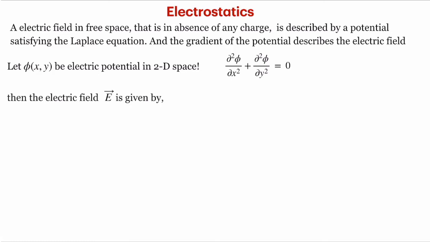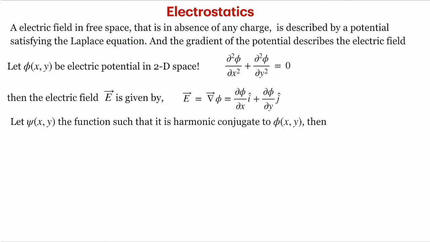Then the electric field is given as the gradient of phi, which is del phi by del x into i cap plus del phi by del y into j cap. This defines the gradient in the Cartesian coordinate system.